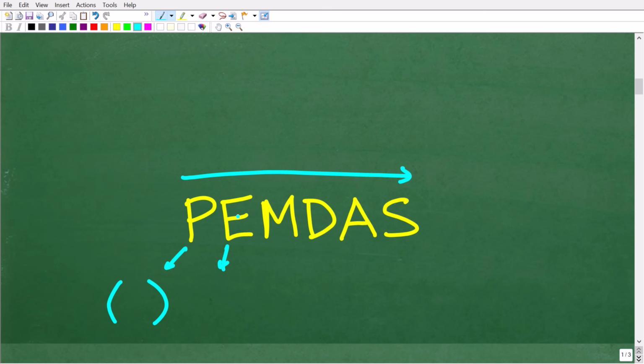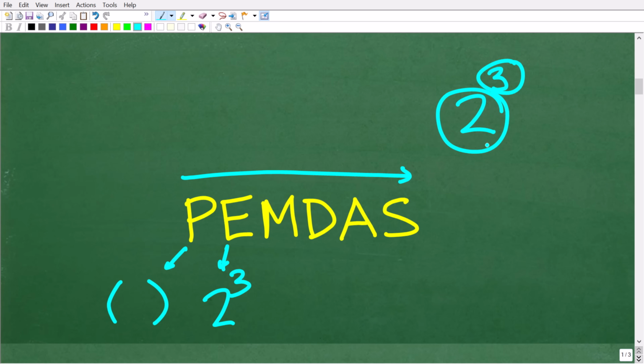Now E stands for exponents, but you can just think of that as powers. Once again, if you had 2 to the 3rd power, this part of the power is called the exponent. This part down here is called the base. The entire thing is a power. So after you determine if you have any parentheses in your problem, you're going to look for powers next.